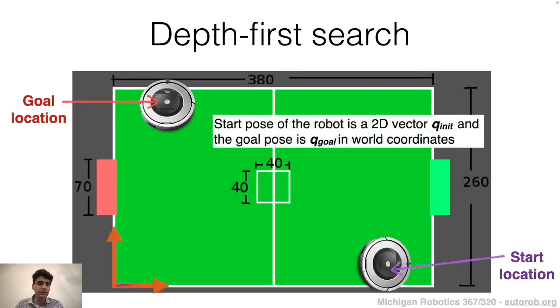We can represent these positions with respect to the global frame of the soccer field, where the map of the soccer field becomes a frame of reference. We then have two configurations, the initial configuration and the goal configuration, represented as 2D vectors in this two-dimensional space, with respect to that global origin, which is in the lower left-hand corner.